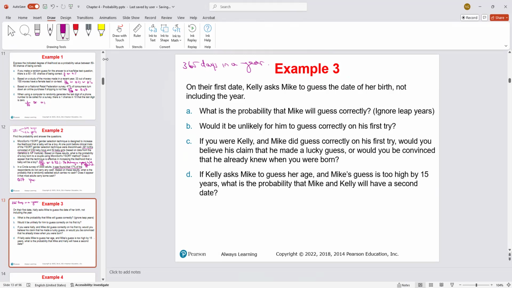You cannot have two different birthdays. You can have only one. So at this point, we're going to say it's only one out of 365. Remember, we don't count the year, only the date. So that would be only one time in the entire year, so one out of 365. It would be unlikely for him to guess correctly on his first try.